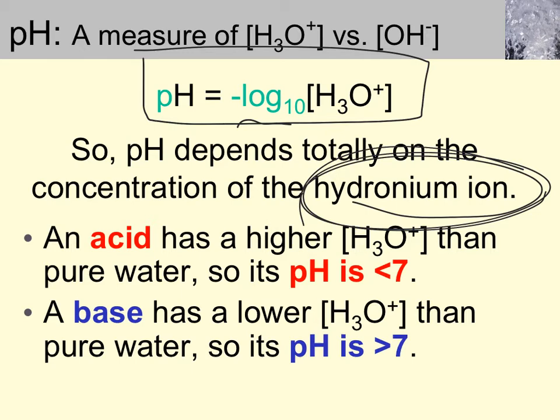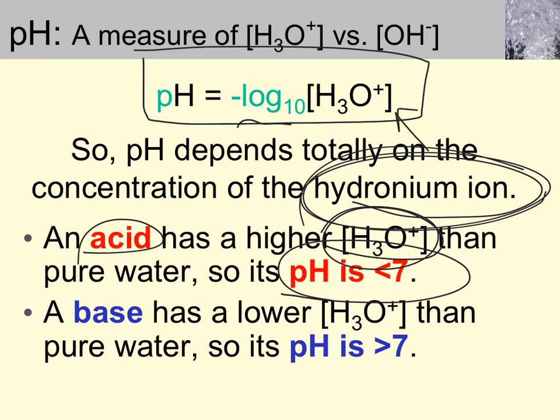All right, so in general, of course, if you put an acid in water, that raises the concentration of hydronium ion, which means the pH will be less than 7. So you'll probably want to look at the math and prove that to yourself. But because we're dealing with minus log, if you have a very high value for hydronium, you're going to have a very low value for pH, kind of an inverse relationship, a little more complex than that.